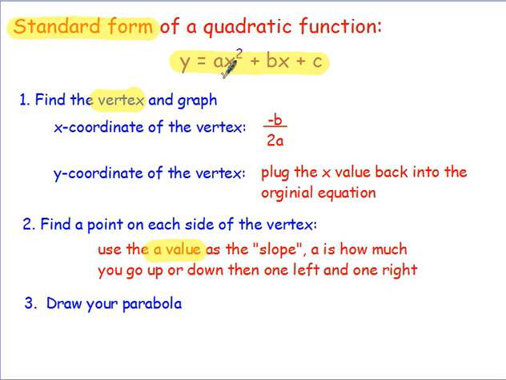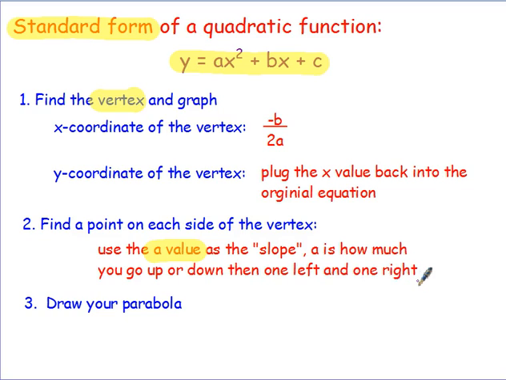Now it's a little different than what we've done in the past. a is always going to be how much you go up or down, even if a is a fraction. Then you will always move one left and one right.